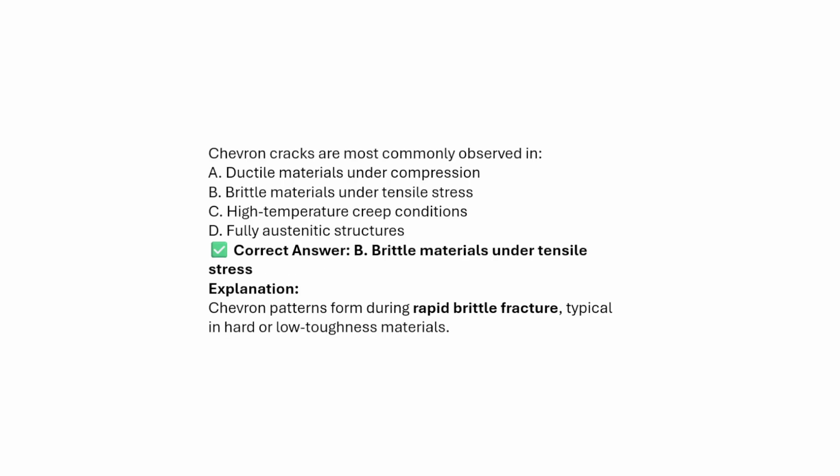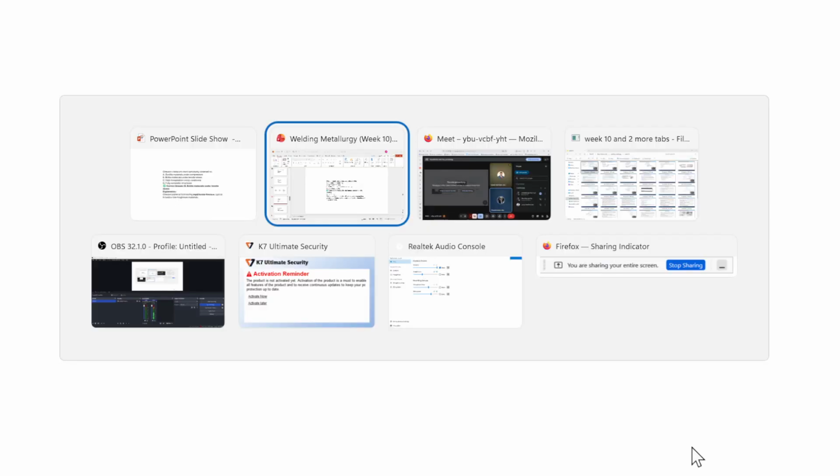Okay, so chevron cracks are most commonly observed in: ductile material under compression, brittle material under tensile stress, high temperature creep condition, or fully austenitic structure. So the answer will be brittle material under tensile stress.